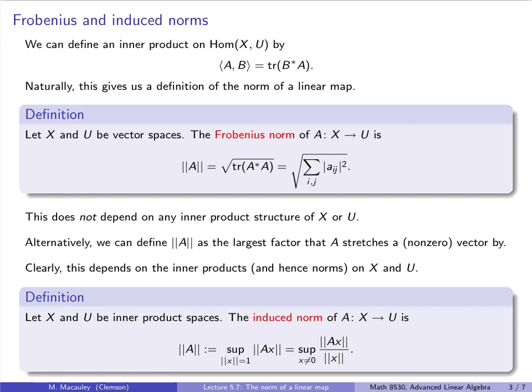And this is equal to the supremum over all vectors of the length of Ax divided by the length or norm of x. So first of all, we call this the induced norm because it is induced by the inner product structures of X and U, whereas this norm up here doesn't depend on any inner product structure.